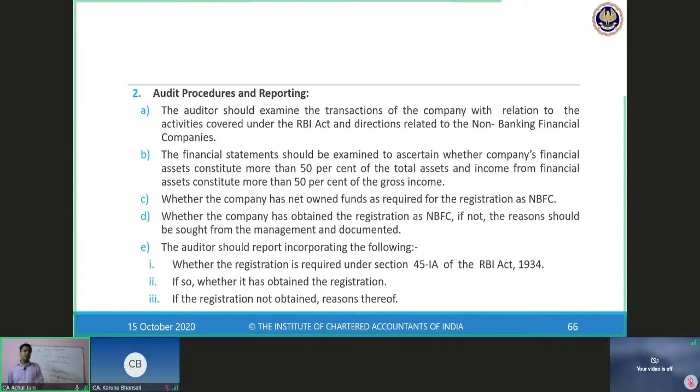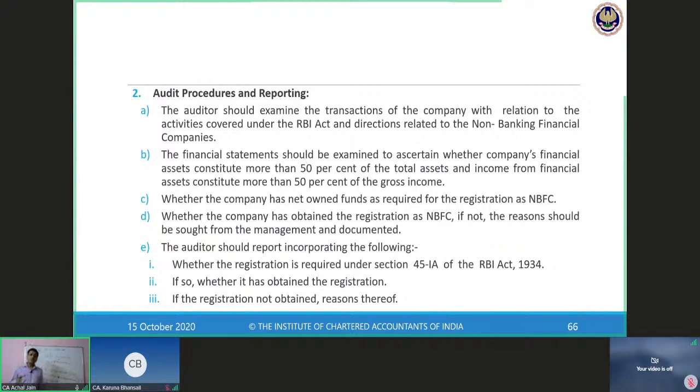He will also go through the minutes of this institution or this company. He will also have discussions, inquiries with the management. He will also have the review or the scrutiny of the transactions.